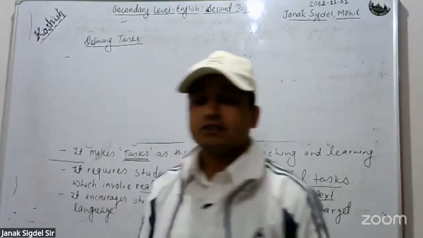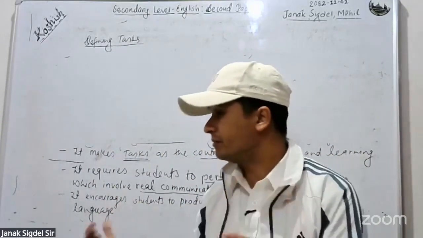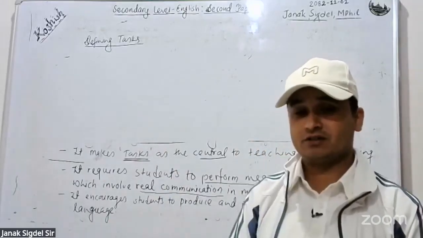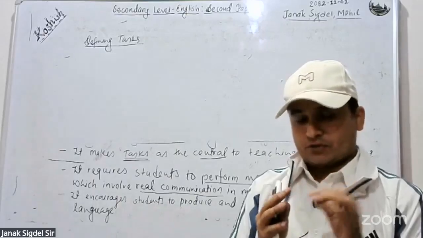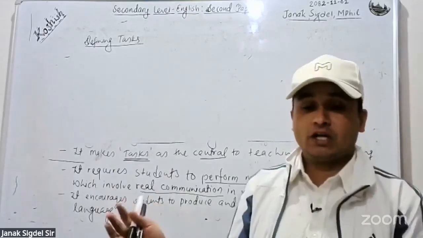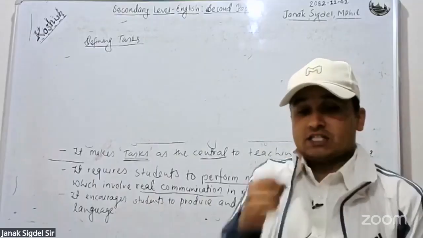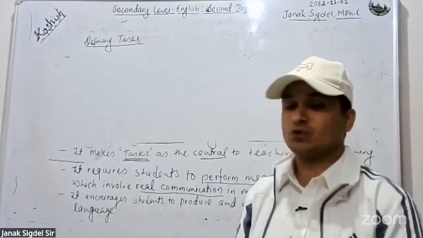Okay, so tasks are those activities that should be performed by the students using the target language. Okay, so task has a clear goal and it should be successfully completed. Next thing, task makes use of authentic language. Task has a clear goal.